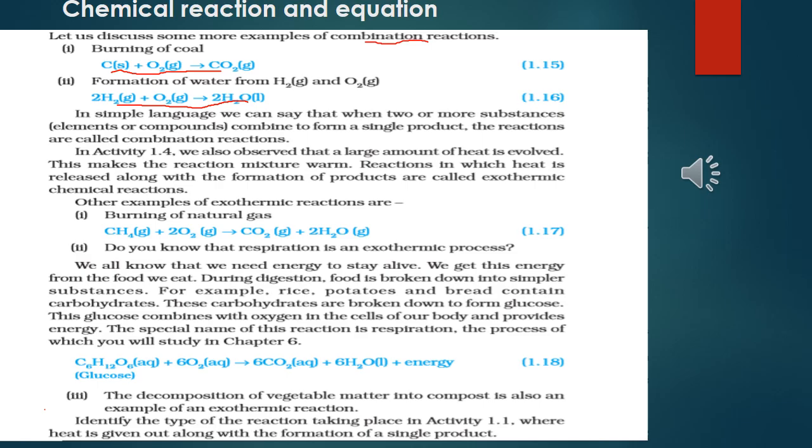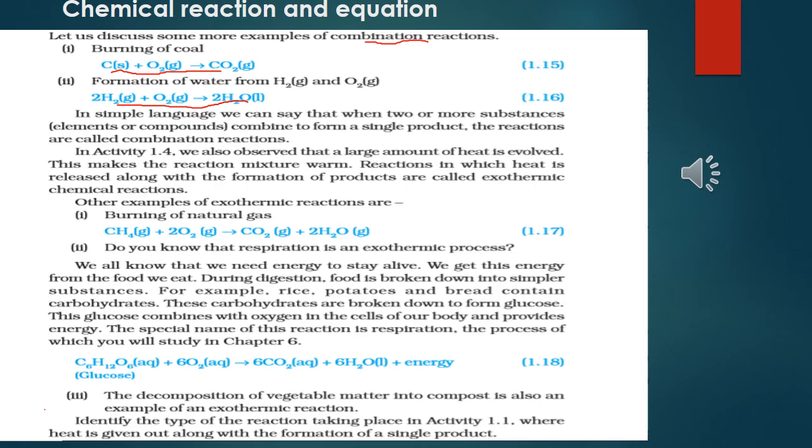Glucose: when we eat food, suppose we eat potato, then it contains glucose, and this glucose will combine with oxygen inside the cell, remember, and form carbon dioxide and water, along with energy.